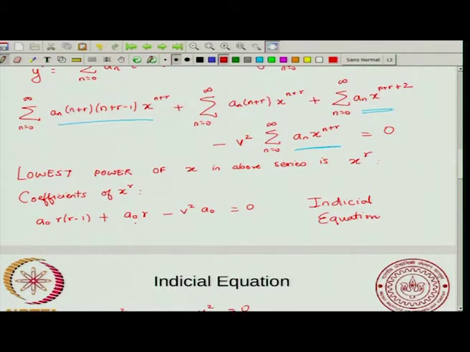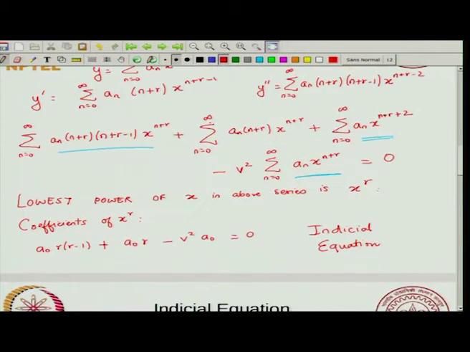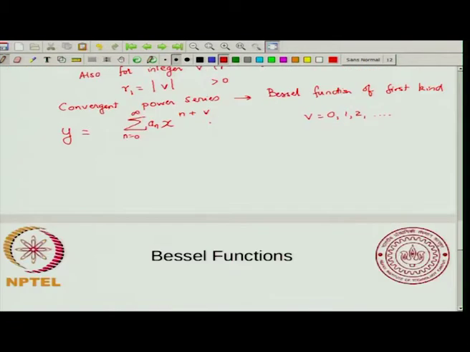So we had n plus r minus 1 times x raised to n plus r. Let us write that in the following form. We have the sum over n equal to 0 to infinity of a_n (n plus v)(n plus v minus 1) x raised to n plus v, plus the sum over n equal to 0 to infinity of a_n (n plus v) x raised to n plus v.